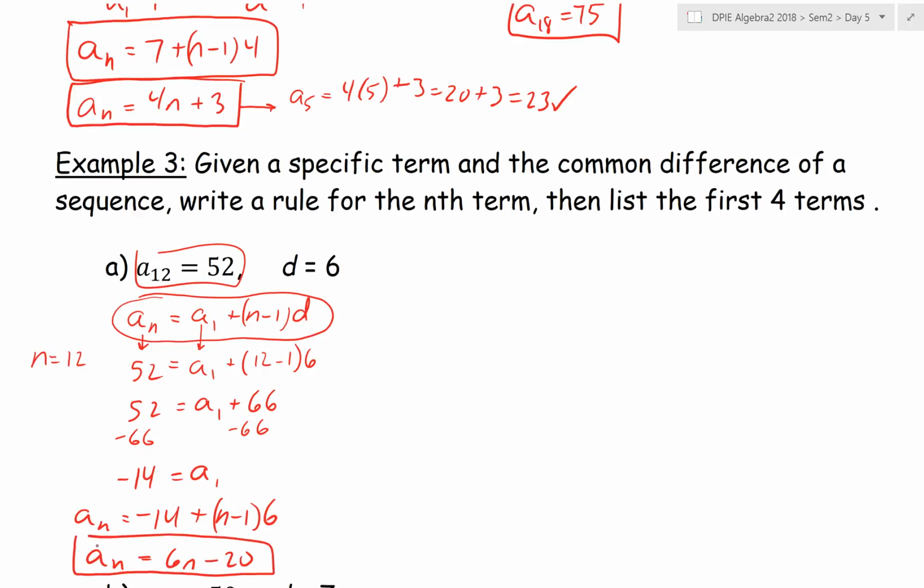So now we can use that to generate the first 4 terms, or we could just simply write down our first term, which we found was negative 14, and then add 6 each time. So the next term should be negative 8, the next term should be negative 2, the next term should be 4. So those are the first four terms, A1, A2, A3, and A4.